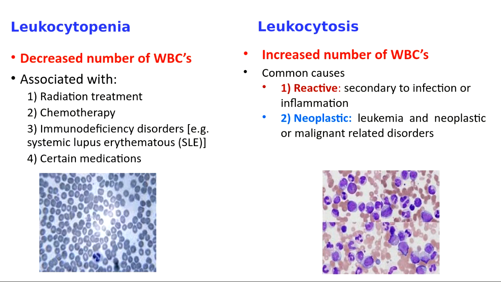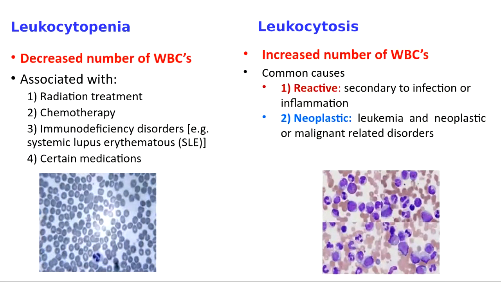If we're exposed to a fungus or to parasites or viruses or any bacteria, we want our WBCs to increase in number to fight off that organism. So we want our body to be reactive to the presence of a foreign agent. So that leukocytosis, when it's reactive, is considered normal. That is what we expect when the body has encountered some foreign agent.